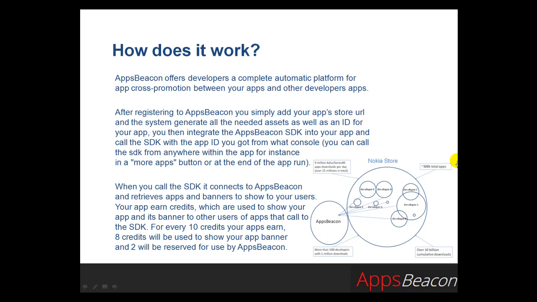Those credits are used to show your app and highlight its banners to other users of apps that call the SDK. So that's the basic solution, and for every 10 credits your app earns, 8 credits are going to be used to show your app banner. So it's a standard 80% credits ratio.